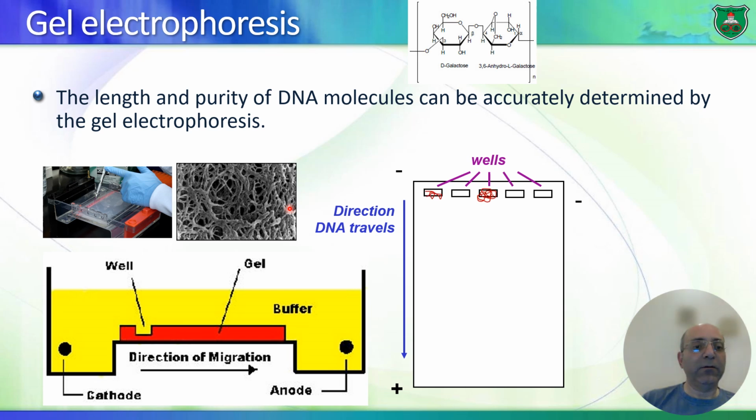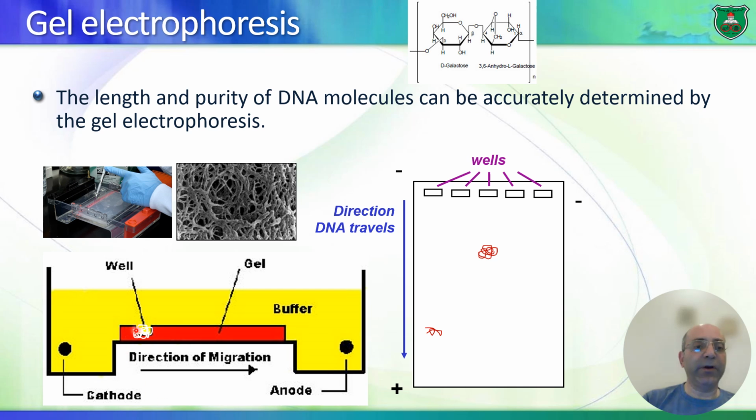So let's say here we have DNA, we apply a current, negative, positive, and the DNA molecules are going to travel inside the gel. The larger molecules are going to migrate, or move, or run, as we call it, slower than the smaller molecules.